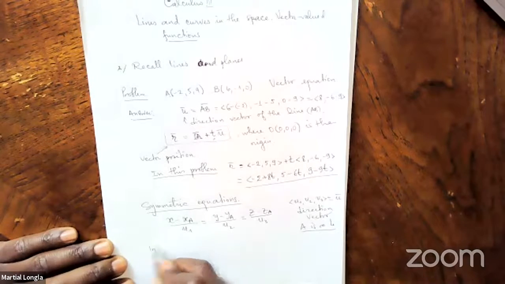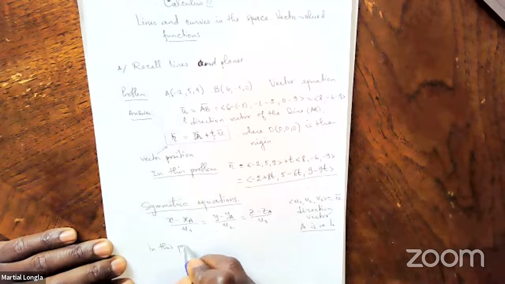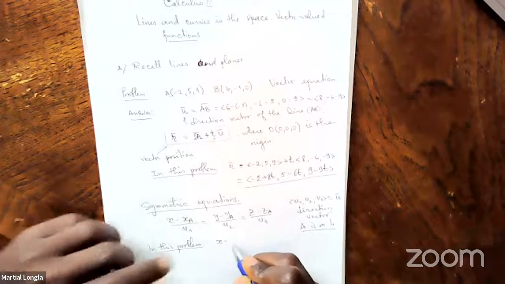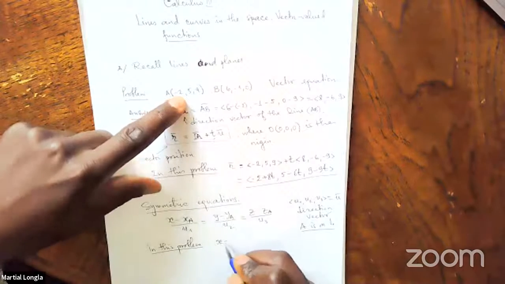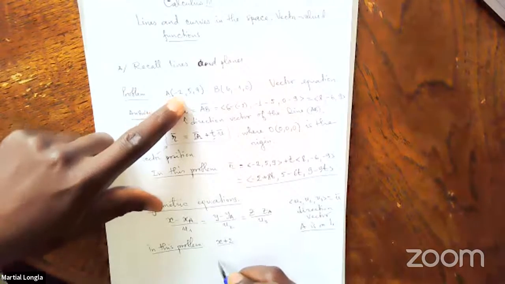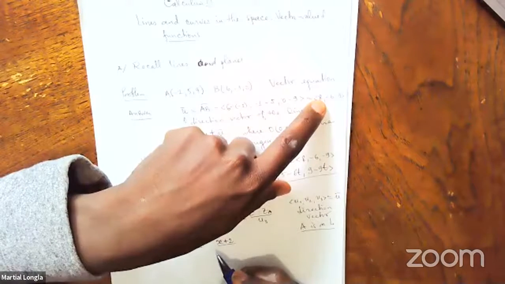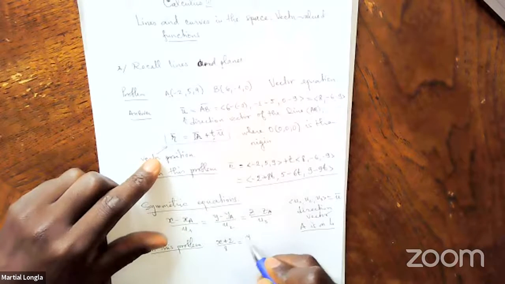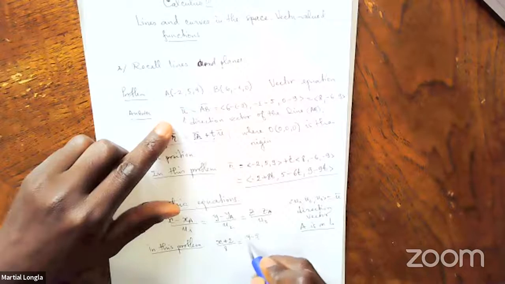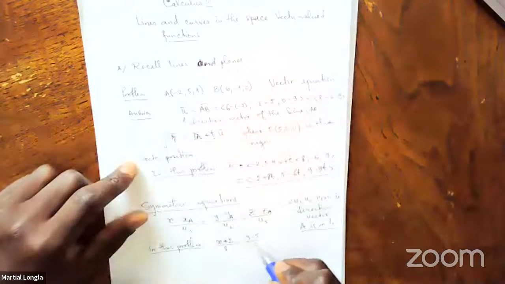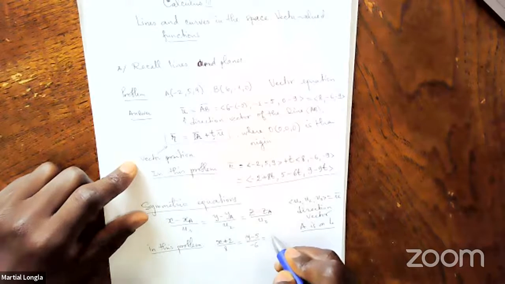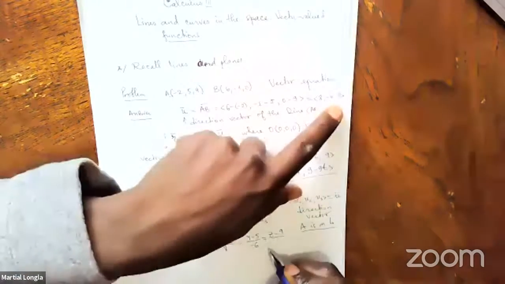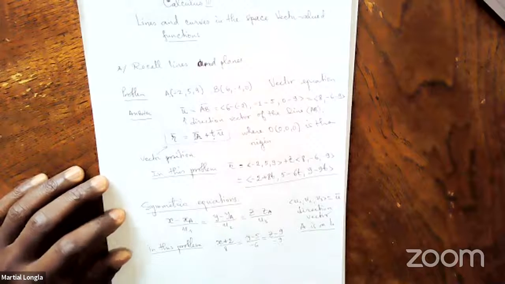In this problem that I'm using to explain here, that is x minus xa. xa is -2, so minus -2 is plus 2, over u1. u1 is the x component of u, that's 8, equals y minus ya, that's 5, over u2, that's -6, equals z minus 9 over the component of u.